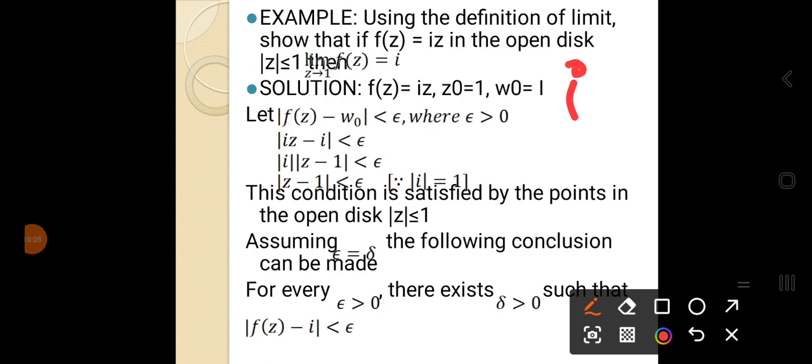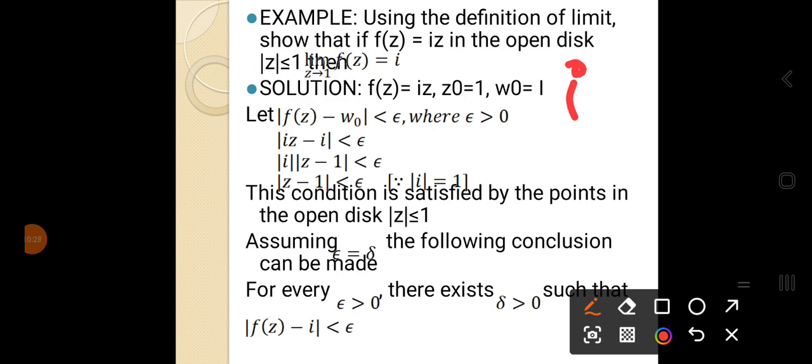For every epsilon greater than 0, there exists delta greater than 0 such that modulus f of z minus i is less than epsilon.